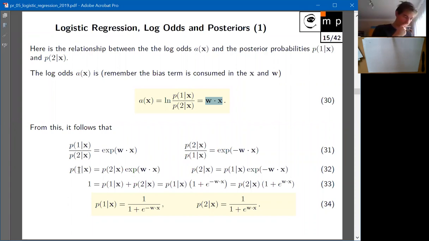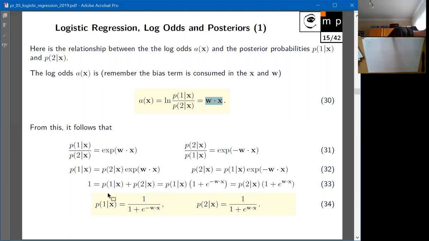If we substitute for P1 given x, we get P2 given x times the exponent of the dot product w·x. So if you substitute this for P1 given x, you will get P2 given x in both expressions, and 1 plus exp of the scalar product w·x. Or you can substitute for P2 in this from there, and you get this expression which is shown here.